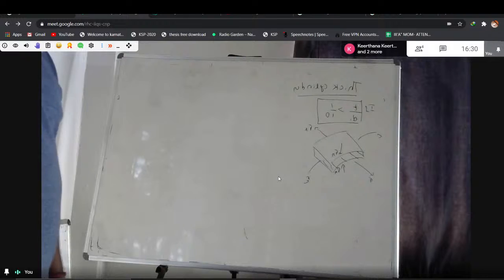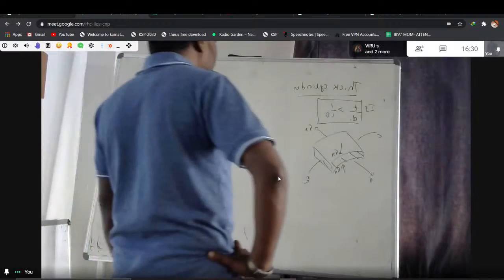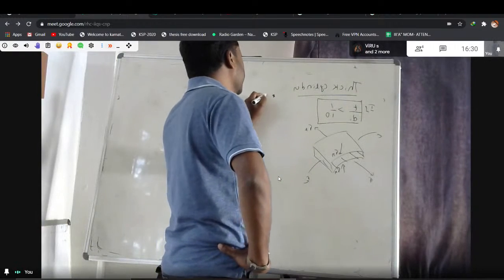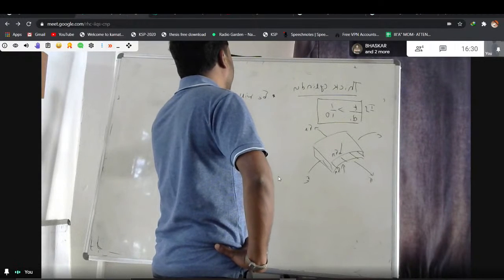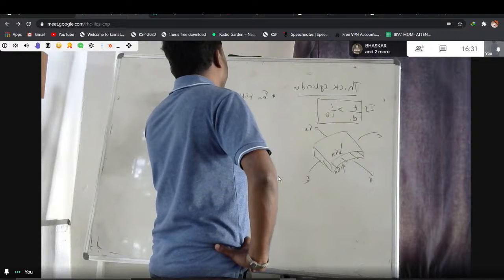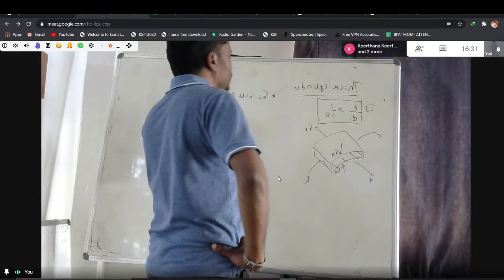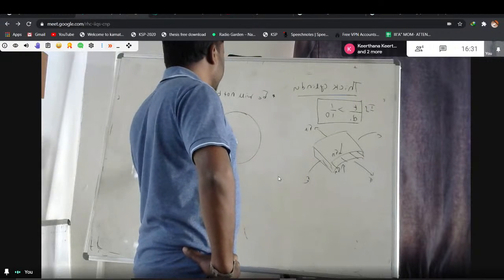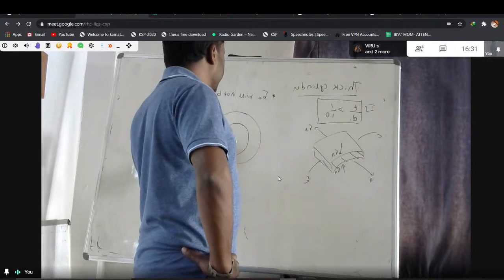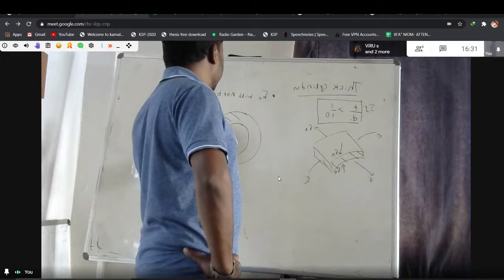And here in a thick cylinder, sigma c will not be uniform, whereas in a thin cylinder it is uniform. Suppose you take a cylinder like this, with inner diameter and outer diameter, having a thickness like this.